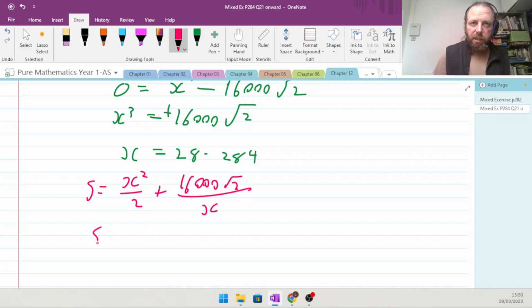Okay, and so s is equal to, store that answer as x. Okay, and we can do x squared over 2 plus 16,000 root 2 divided by x. And s is minus 400.